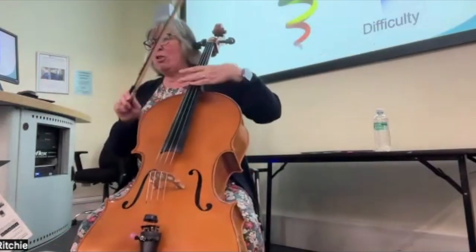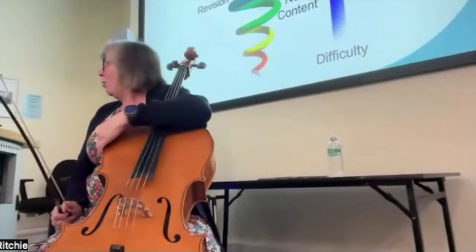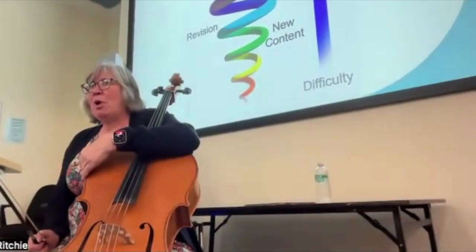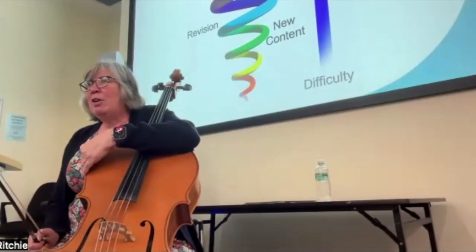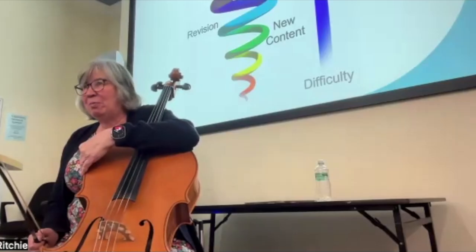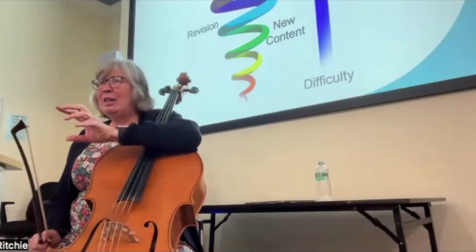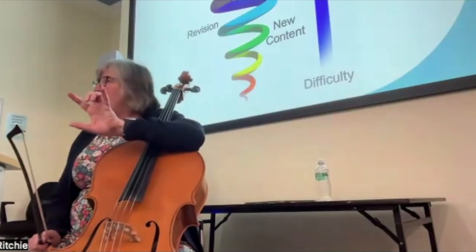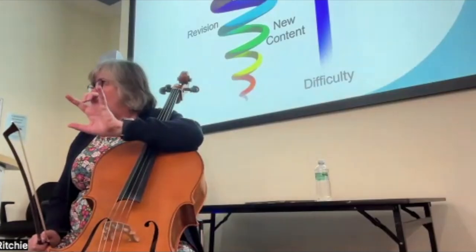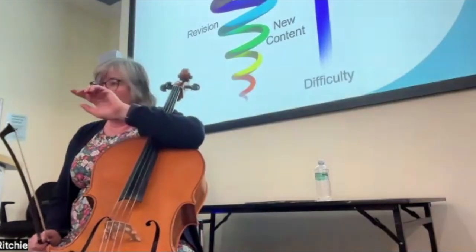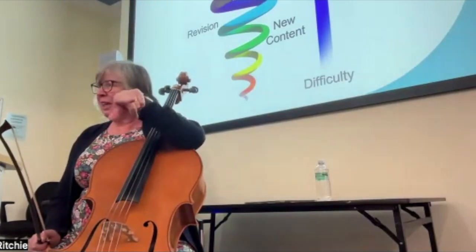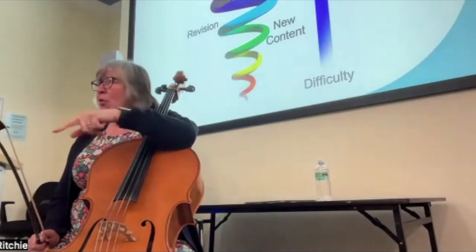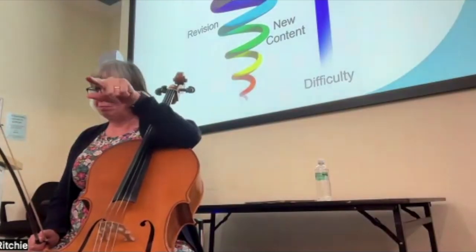Here's another educational principle. So this is a representation of Jerome Bruner's spiral. And basically, I've just described some elements in Stringbabies, 6 elements. And what we do is we revisit them over and over again, every week.